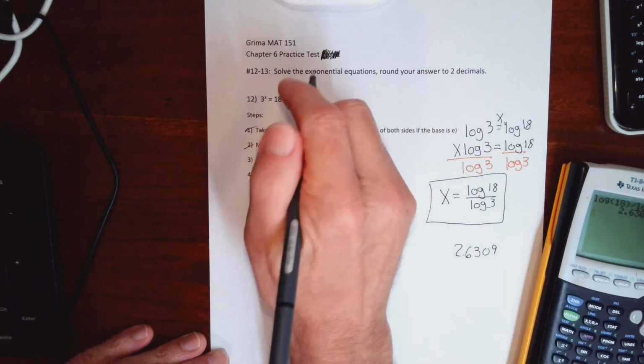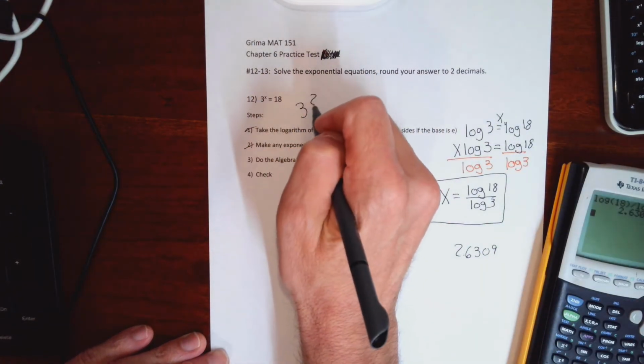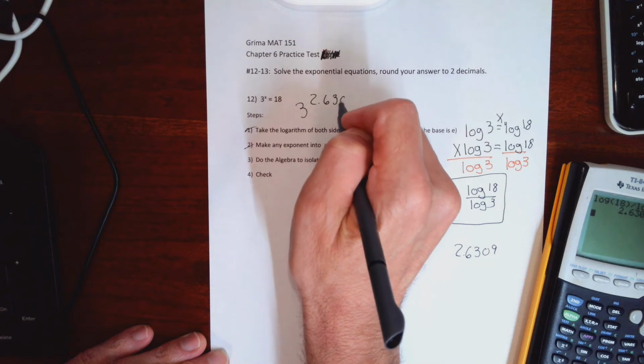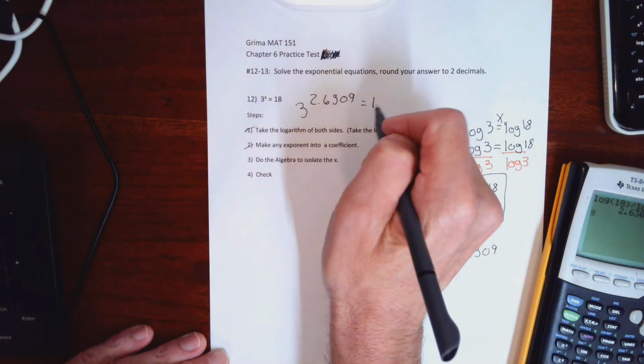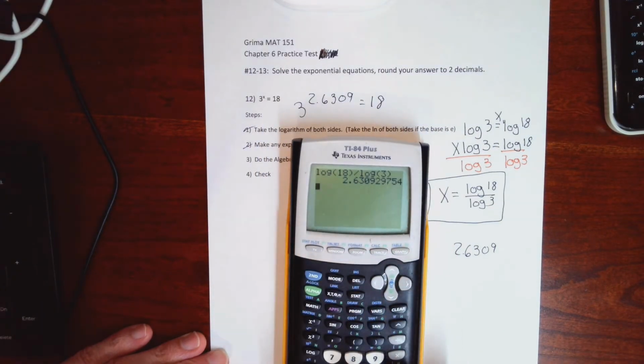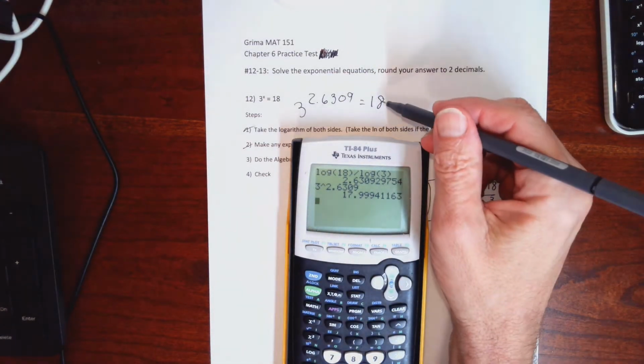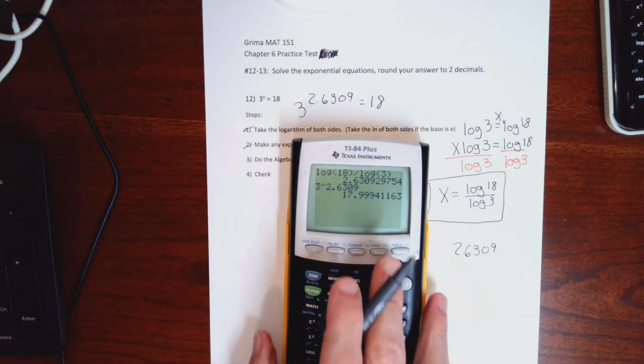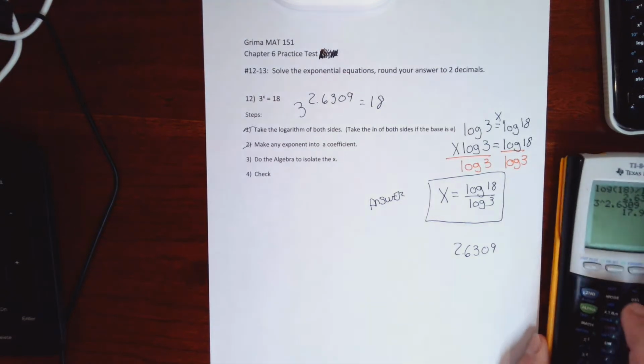I'm going to put a 2.6309 into the exponent for x and make sure I get pretty close to 18. Because I'm not checking the answer exactly, because it's really awful to do, I could only hope for a close checking. And I'm trying to get 18. I got 17.999. That's close enough for me. I'm going to say my answer is correct.